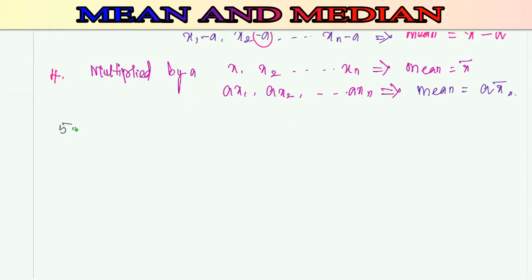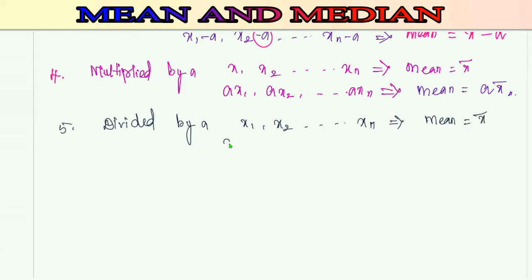Now the fifth one: if each observation under consideration is divided by A. We have the n observations x1, x2, etc. xn, and their mean is x bar.